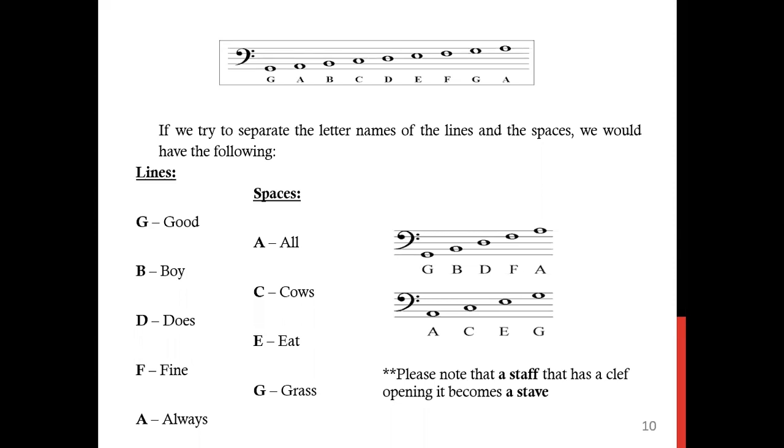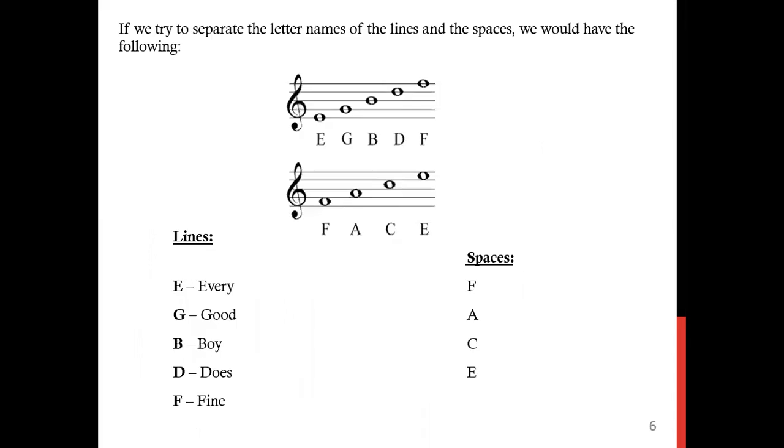Now I want another person to tell me the difference between the spaces of the treble stave and the bass stave. Another person. Let me go show you again what you have on the treble stave. This is what you have on the treble stave, the spaces.